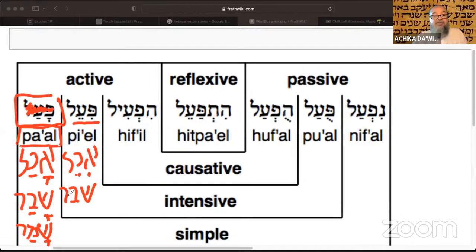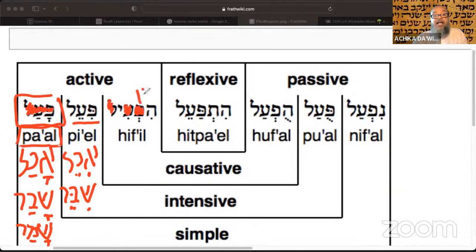Now, that's called shavar. So if I want to make this into a very intensive action, I'm just going to put the same type of vowels underneath those 2 letters. And I get sheber. You see? Ikel, sheber. Depending on what the letters are. So what am I really doing? All I'm doing is replacing these letters up here with the 3 letters from my verb.